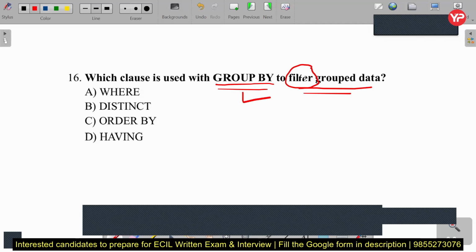So always keep in mind whenever you want to create the group and then perform the filtration, you have to use the having clause. Where clause is going to filter record by record. Distinct is used to display the distinct things. Order by is used for sorting, which we already discussed. So the correct answer is having clause.